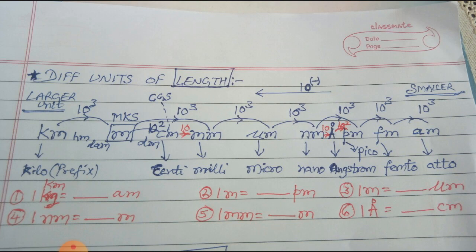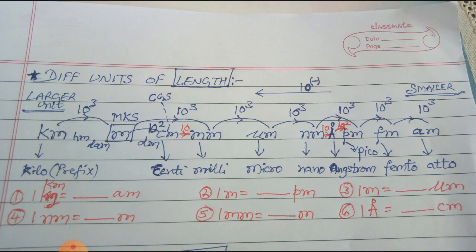Then again from millimeter to micrometer 10 raised to 3. From micrometer to nanometer 10 raised to 3. From nanometer to picometer 10 raised to 3. From picometer to femtometer 10 raised to 3. Femtometer is sometimes also known as Fermi, after the name of the scientist Fermi.